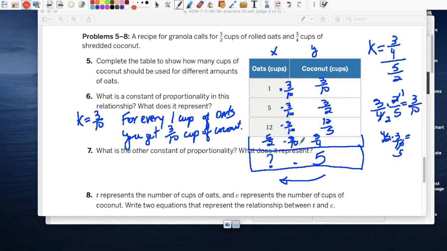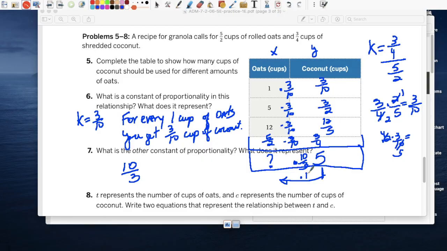No, right? Remember, we're going the other way, so we're going to multiply by the reciprocal. What's the reciprocal of 3 over 10? You multiply by 10 over 3. So the other constant of proportionality is 10 over 3. What does it represent? It represents, so the constant of proportionality will be going that way. So let me add a 1 here.